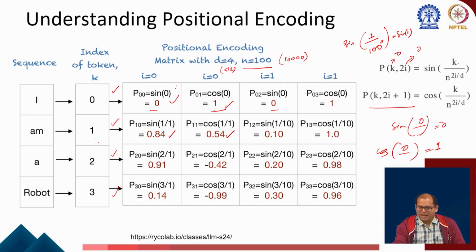Next, for i equal to 1, this will become sine of 1 upon 100 to the power 2i by d. So 2 by 4, since d is 4. So 1 upon 100 to the power half, that is 10, so 1 upon 10. So sine of 1 upon 10 comes out to be 0.1, and cosine of 1 upon 10 comes out to be approximately 1.